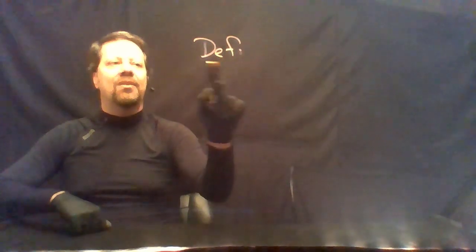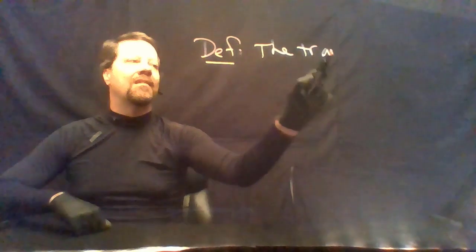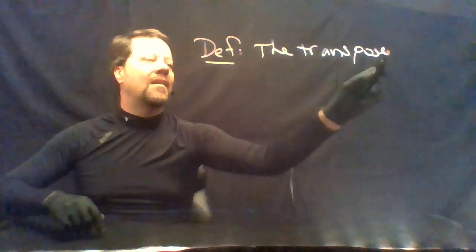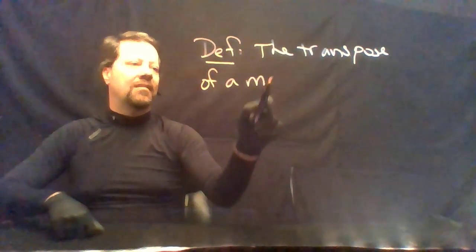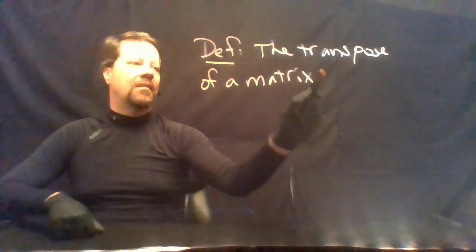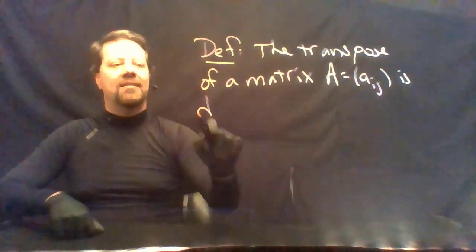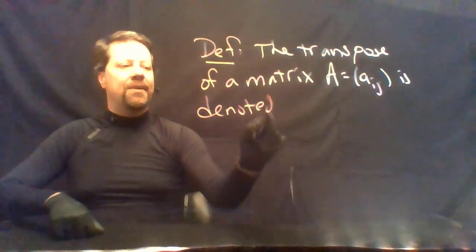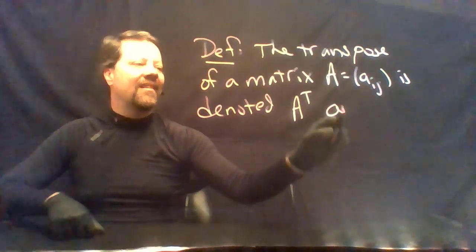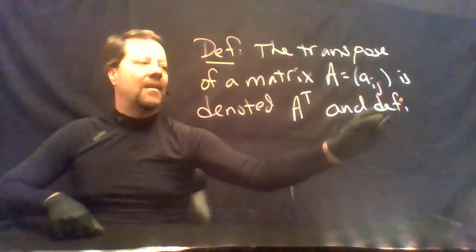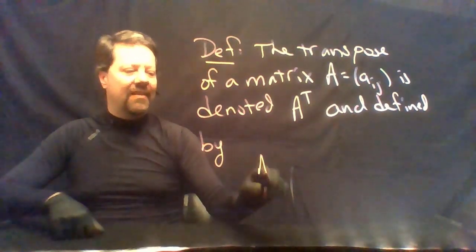What is the transpose of a matrix? First of all, the transpose is denoted by A with a superscript of T. It's defined in the following way.